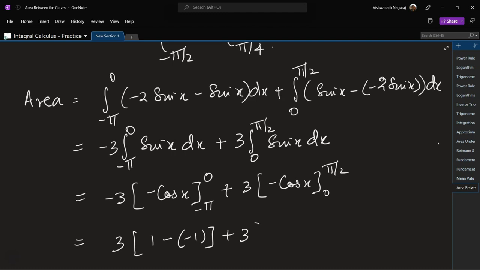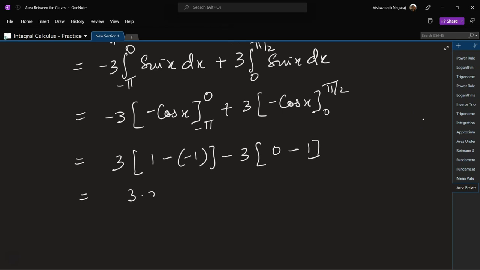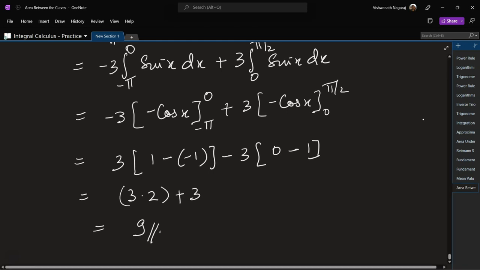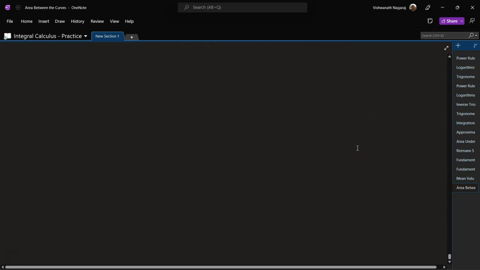Plus 3 times, let's take the minus sign out, minus 3. Cos pi by 2 is 0, minus cos 0 is 1. So what do we end up with? 3 times 2 plus 3, which gives us 6 plus 3, 9 square units. So that is the area between the two curves in the given interval.